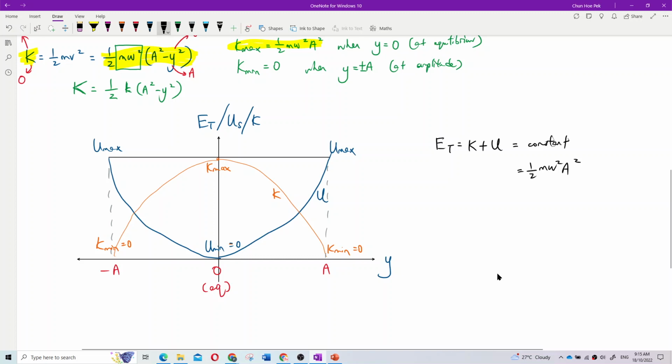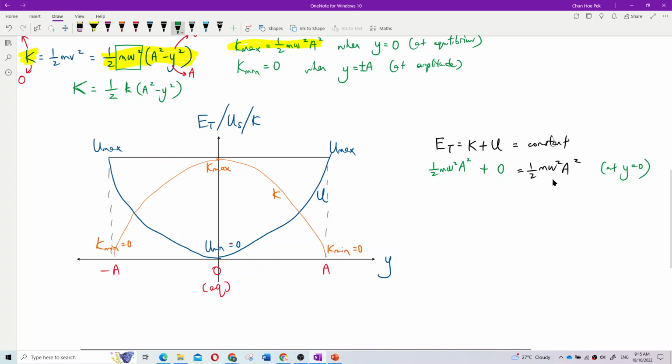Let's say now I will put it in. Let's say at y equal to 0, at equilibrium. Who is maximum at equilibrium? Kinetic energy, isn't it? So kinetic energy is half m omega square A square, understand? Plus potential energy 0, understand? So the total energy is this one.